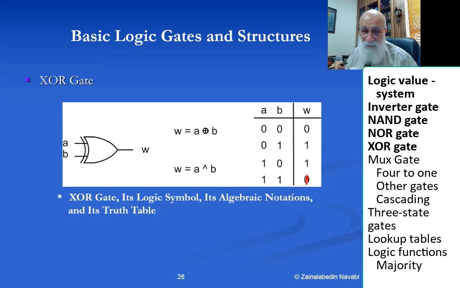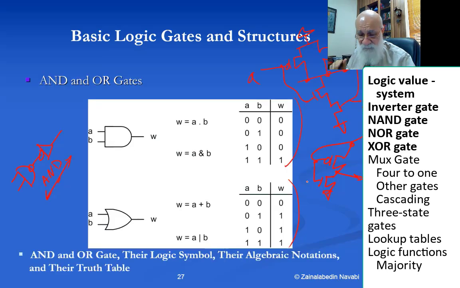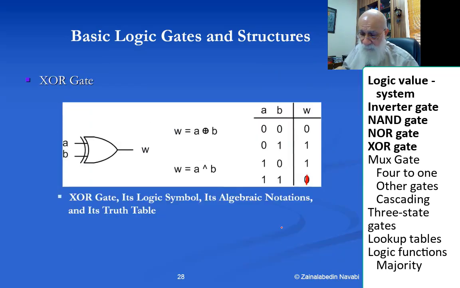But looking at the previous one, with the OR, you get 1s for all these 3 outputs. With an XOR, you only get 1 when either one of the inputs is 1. Another way of looking at the XOR: if you have an XOR with 5 inputs, for example, the output is 1 when the number of 1s on the inputs is odd.